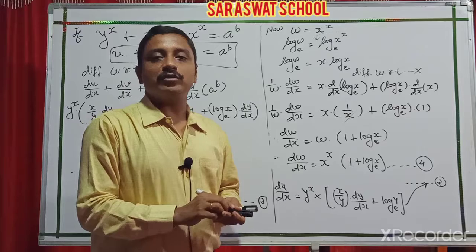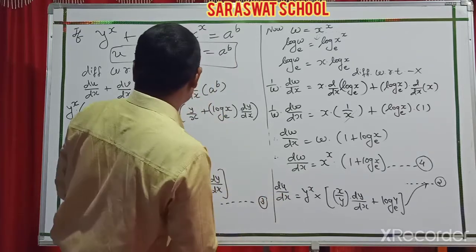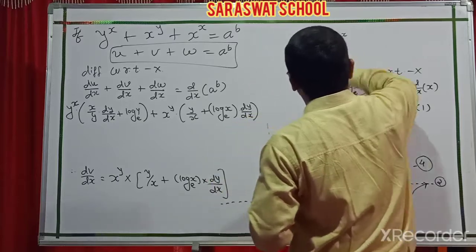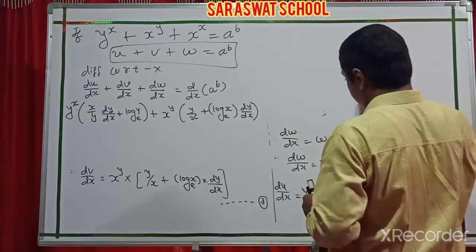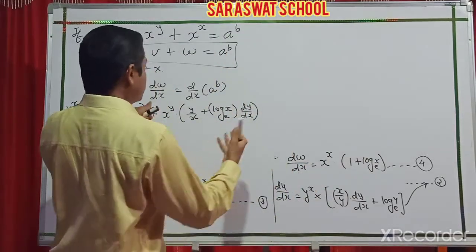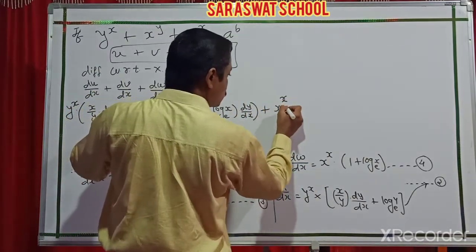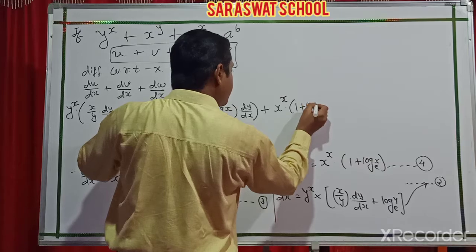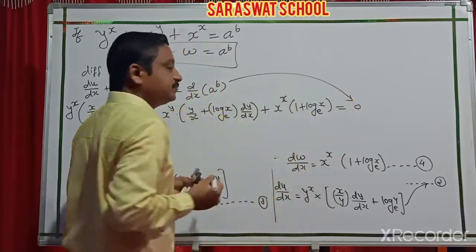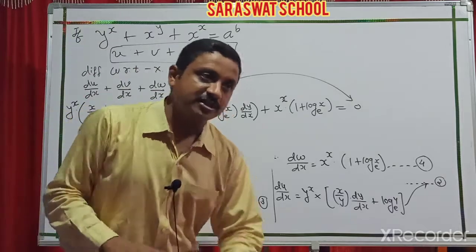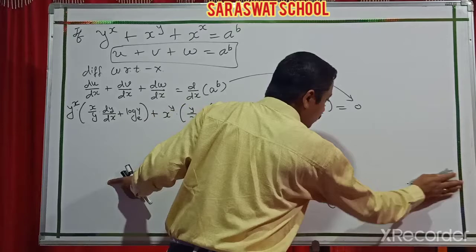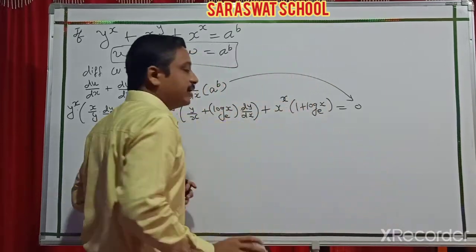All values I just put in the respective terms, and after that I find the answer dy by dx. Students, these are the values for dw by dx. So here I operate x raised to x into 1 plus log x base e, and this answer is 0 because it is constant. And now I start finally finding the value of dy by dx.